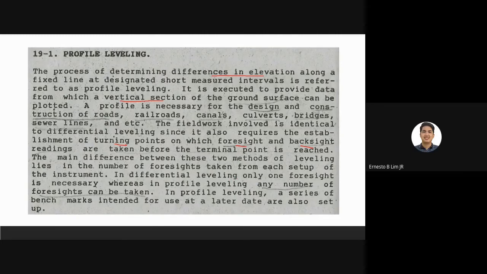In differential leveling, only one foresight is necessary, whereas in profile leveling, any number of foresights can be taken. That will be evident later as we go along with the table and on how to perform profile leveling. In profile leveling, a series of benchmarks intended for use at a later date are also set up.